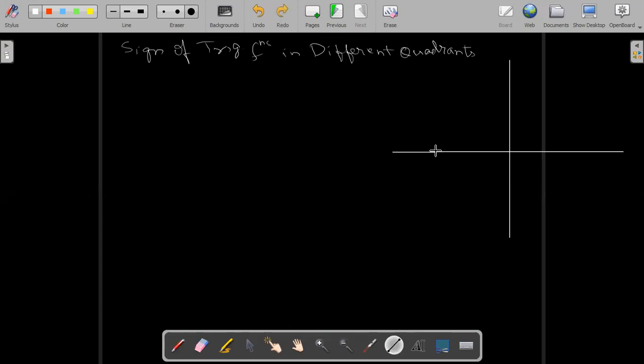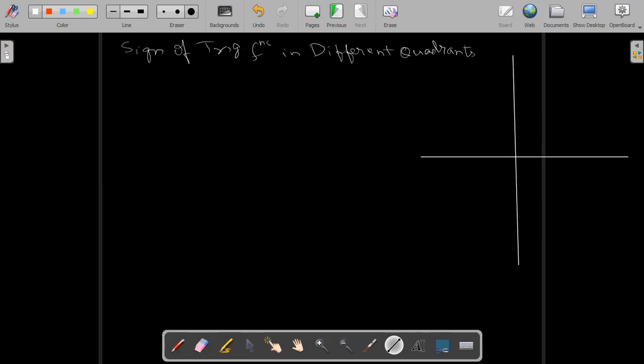So this is our x-axis and y-axis. Why it is called circular? I told you, these are also called circular functions.